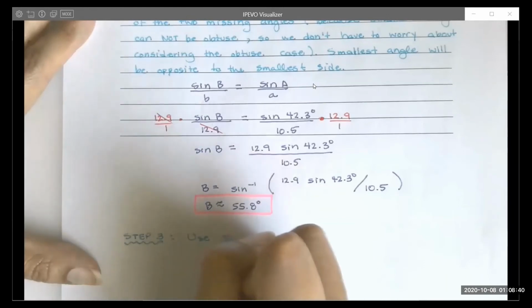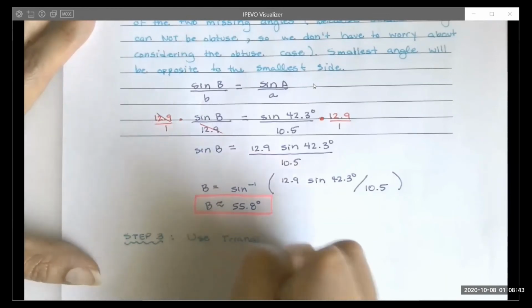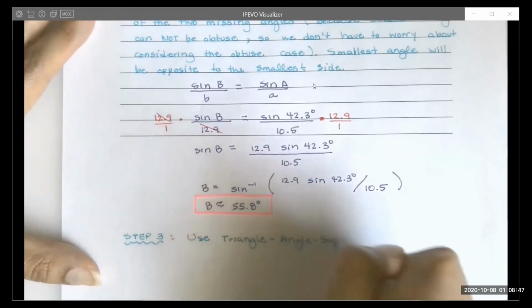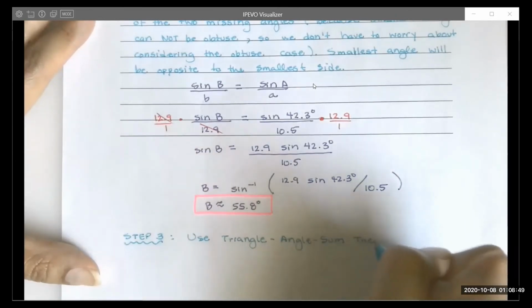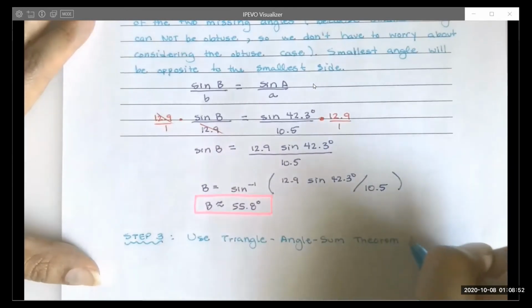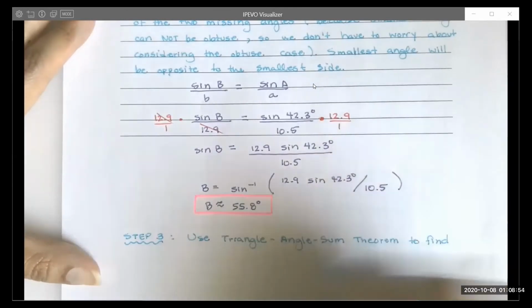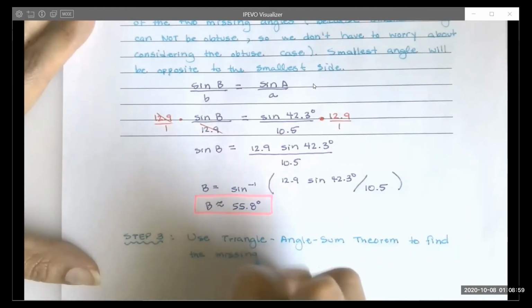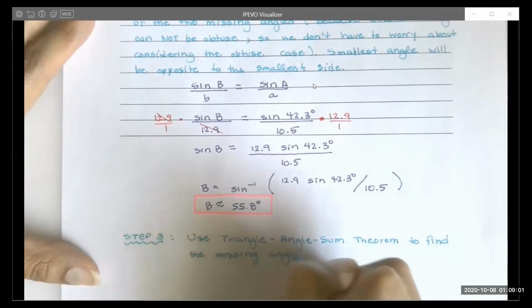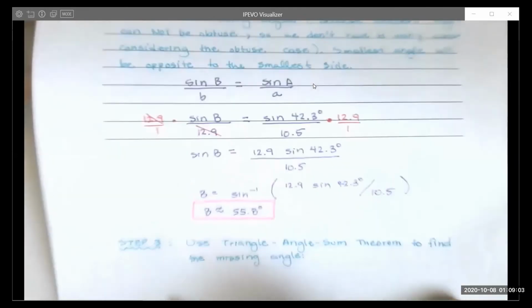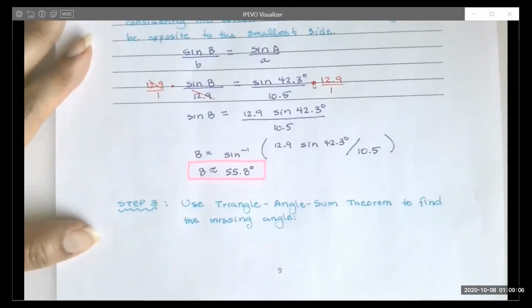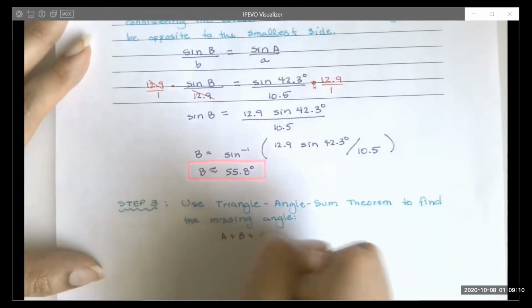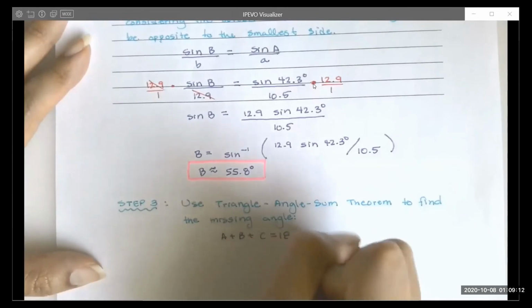Use triangle angle sum theorem to find the missing angle. And so we have A plus B plus C equals 180.